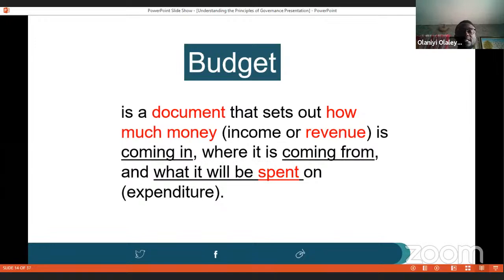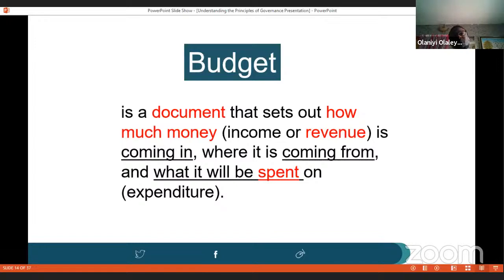The second one is the expenditure. Let me make it simple. For instance, I want to buy a shoe, that is my expenditure. So where will I get money from to buy this shoe? I will get money from my uncle that is based in the US. That is my revenue. I'm getting that money from my uncle to buy the shoe, which is my expenditure.